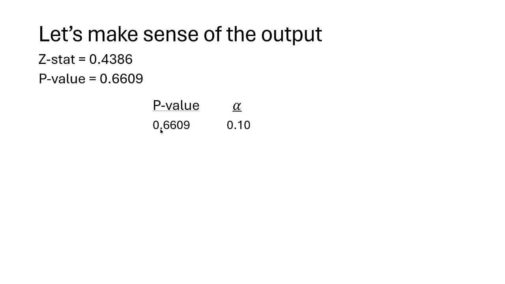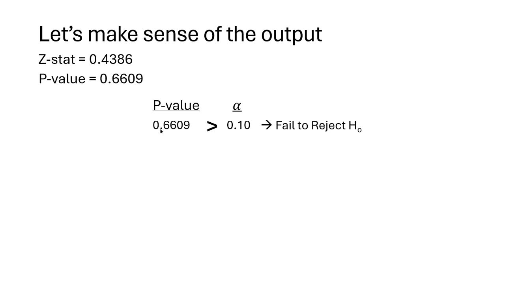So now I have two known quantities side by side. And I just want to evaluate which one's larger. Well, it's obvious that the p-value is larger than our significance level. And when that happens, we are to fail to reject the null hypothesis.